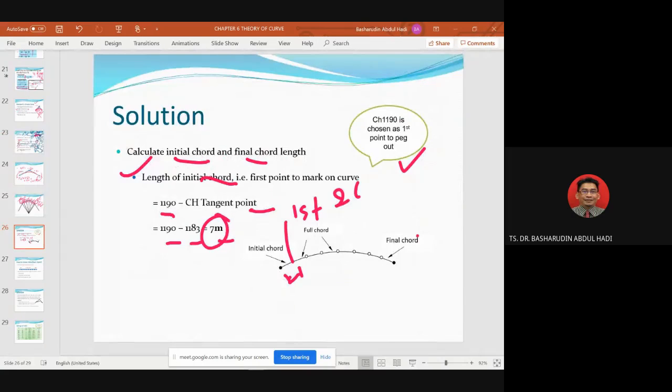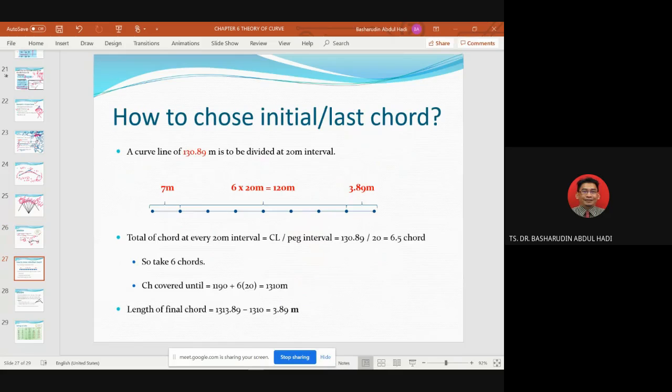Alright. So we have this one, and then we calculate the final chord because this is different. The first point to mark on the curve gives the length of the initial chord of around 7 meter. Then we set up 6 points in the intermediate, and each point is 20 meter, so you get 120 meter.